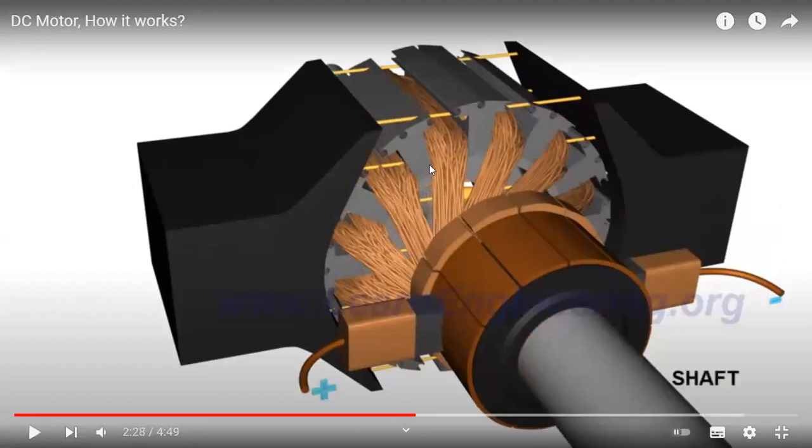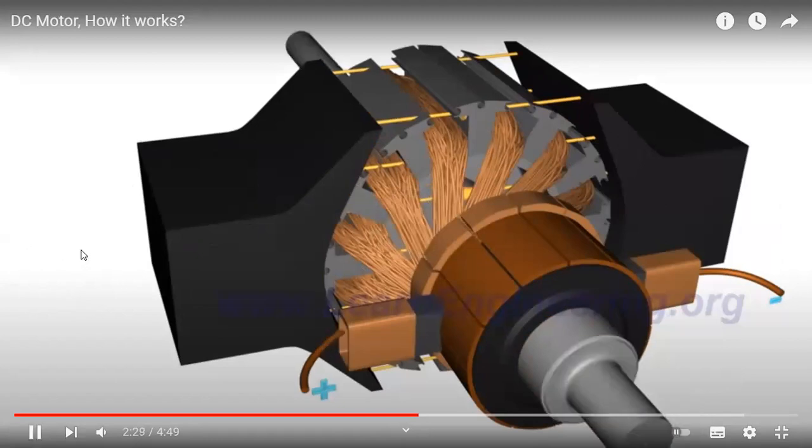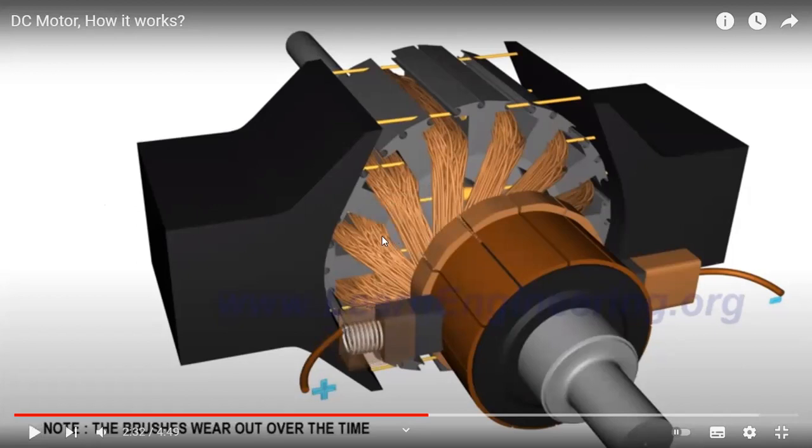So in the practical motor, the rotor coil is placed in the slots of a high permeability material.